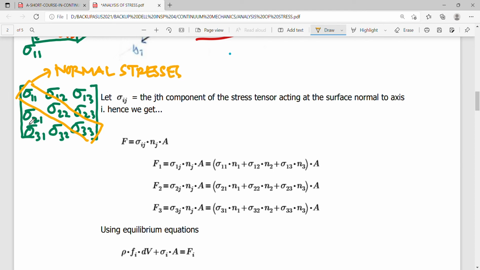And your off-diagonal elements are considered your shear stresses. Okay, so these off-diagonal elements are considered your shear stresses.